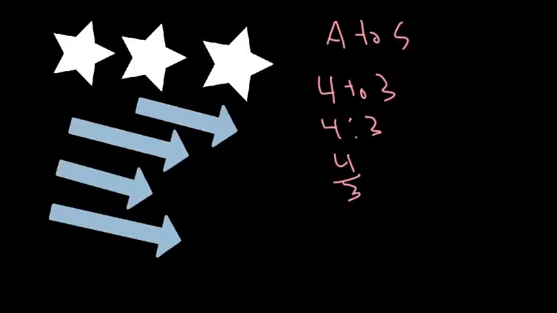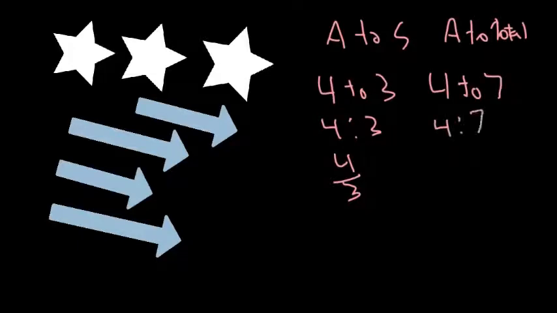If I wanted the number of arrows to total, I have 4 arrows to 7 total shapes. Again, write that 3 different ways. And next we'll explore equivalent ratios.